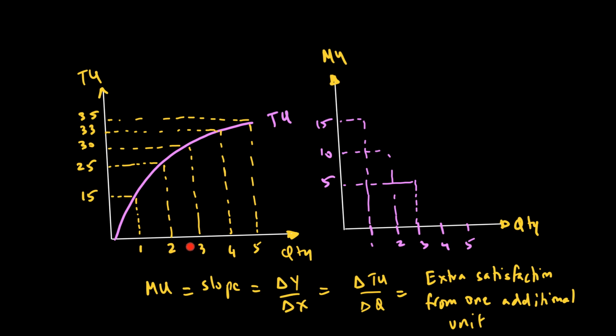Why? Because for the third unit I get 30 minus 25, which is 5. For the fourth unit I get 3. And for the fifth one I get 2.